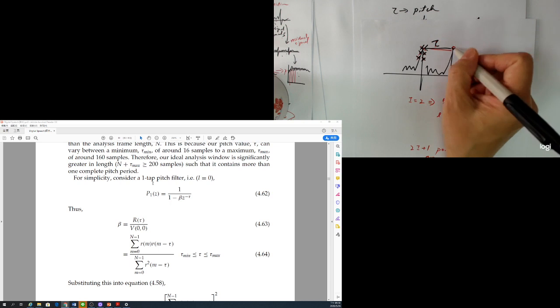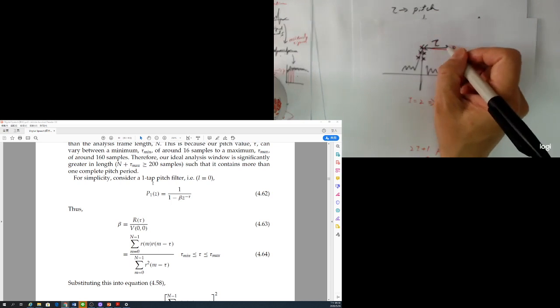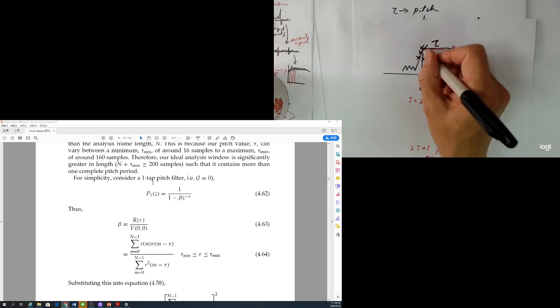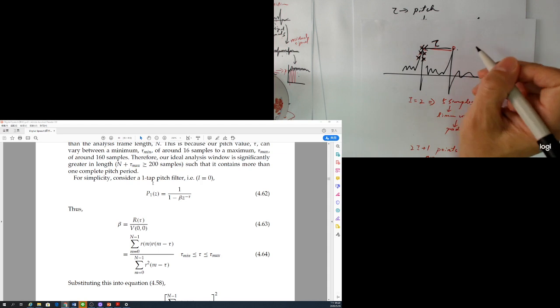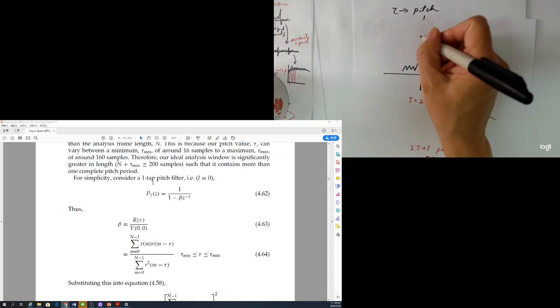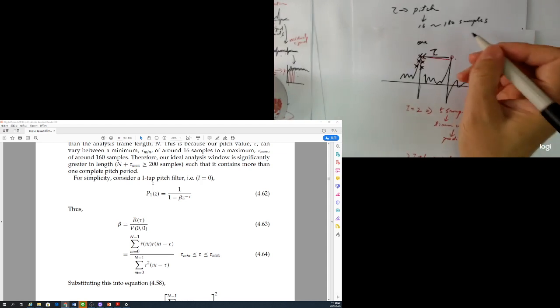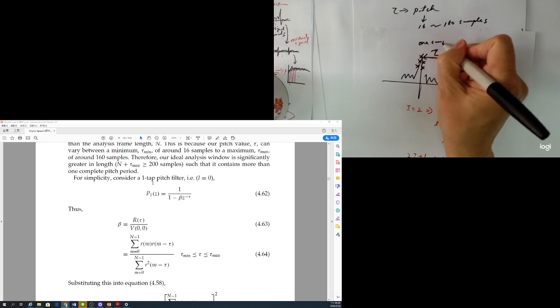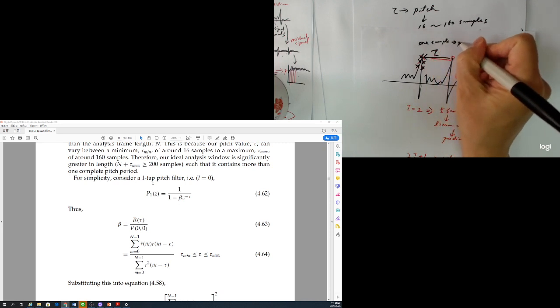But this one, we only consider one sample to do the prediction.